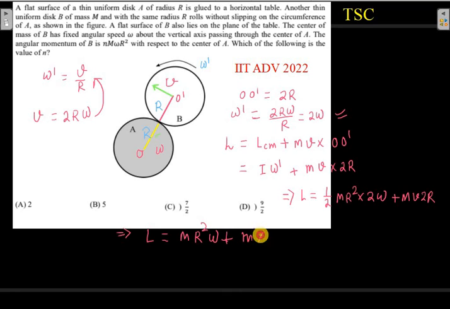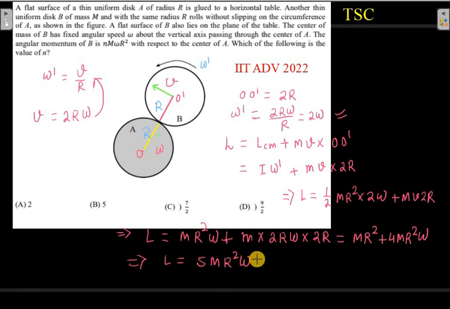This implies that we can write L will be equal to M R square omega plus M into, on putting the value of V as twice R omega, 2R omega multiplied by 2R, which comes out to be M R square omega plus 4 M R square omega, or we can write L equal to 5 M R square omega, which is given as n into M into R square omega.